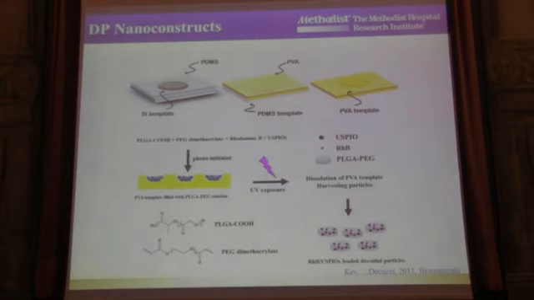So these colloidal particles, this is a new technique that we have been developing and has been inherited by the group of Kinam Park. So these are the hydrogel template strategy.